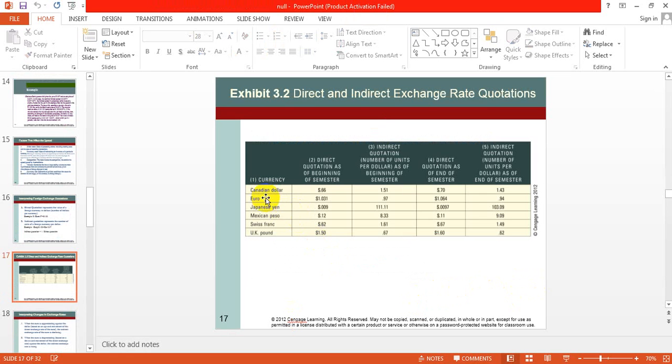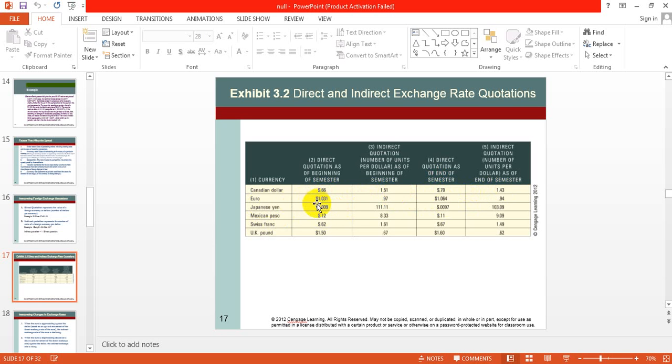Now check here, Canadian dollar 0.66 and its indirect quotation is 1.51. After 6 months, this rate changes from 0.66 to 0.70 and the indirect rate changes from 1.51 to 1.43.